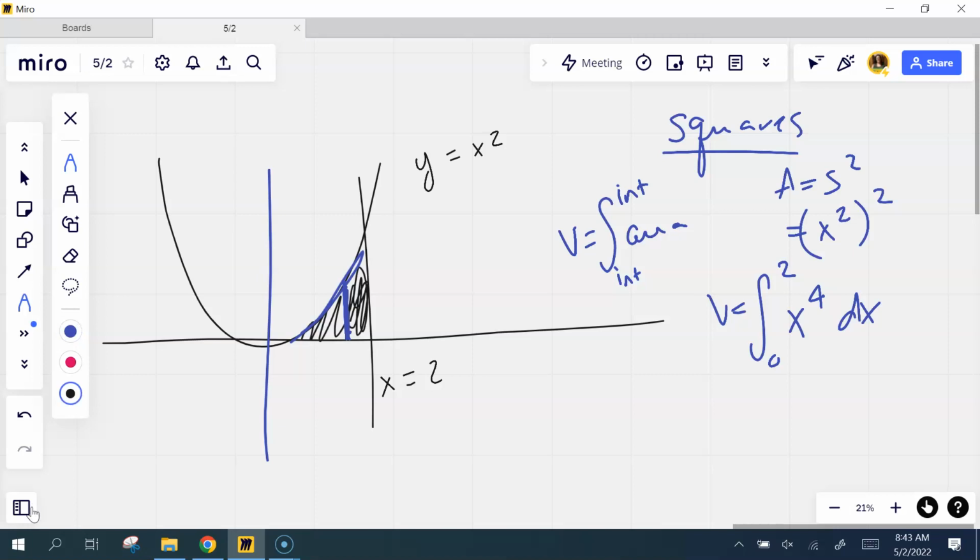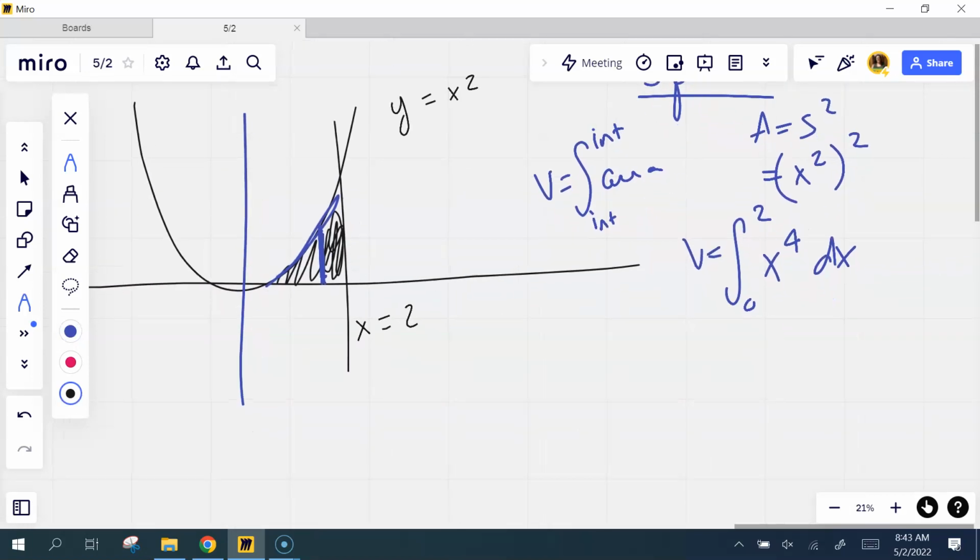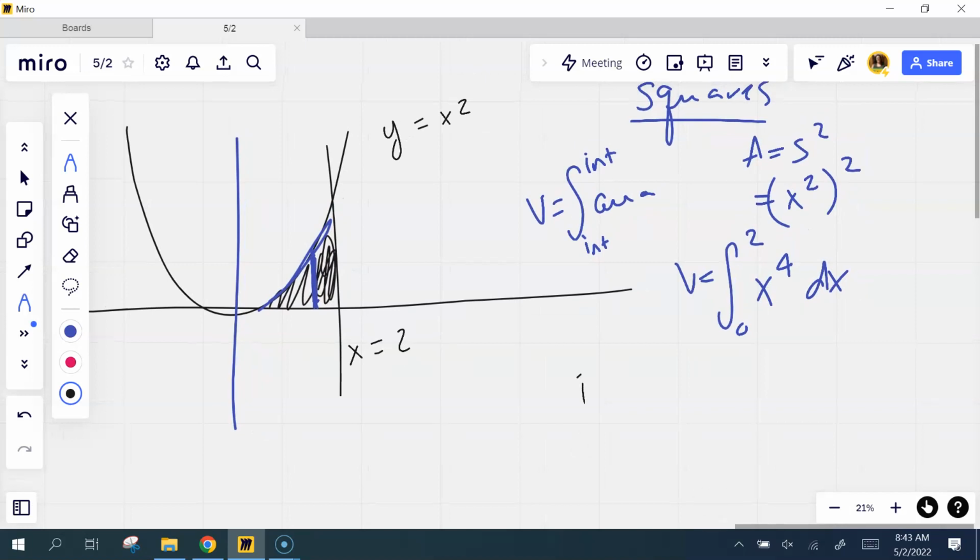More likely than not, though, yours will be a little more complicated than that. Probably something along the lines of, what if it was a rectangle whose length was twice its height, whose height is perpendicular to the x-axis?